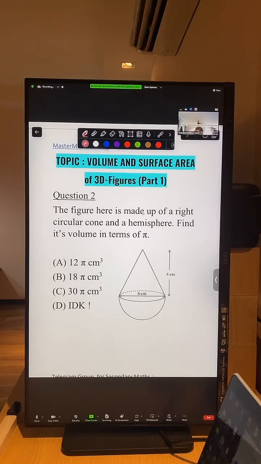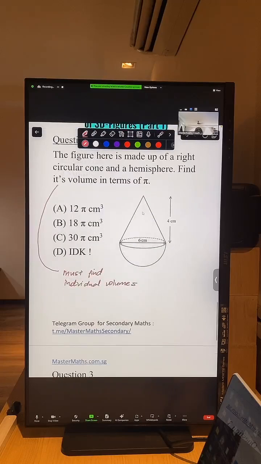To find its volume, we must find the individual volumes of the cone and the hemisphere, then add them together.